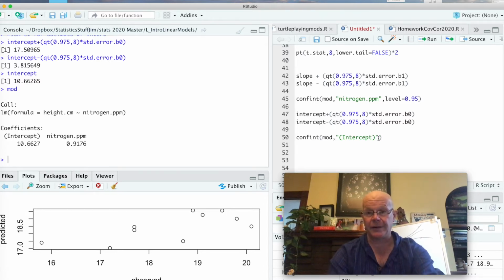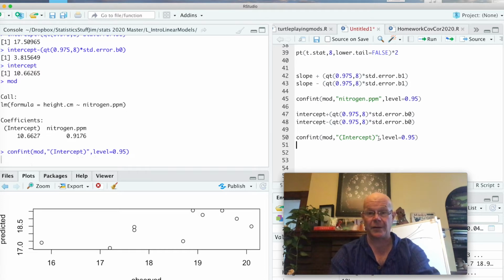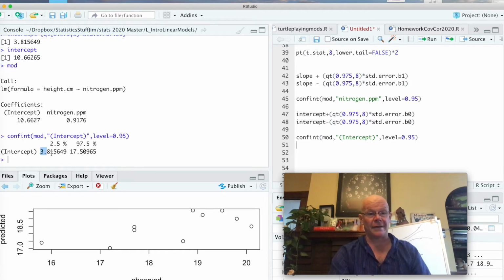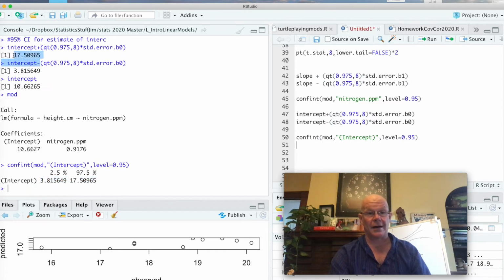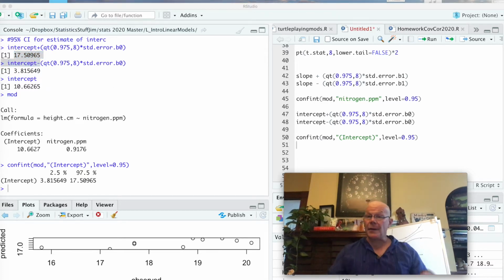And by default, the level is going to be 0.95. But I will go ahead and be explicit with that and say 0.95. There's our 95% confidence intervals, which are the exact same numbers that we got when we did it longhand on the back of an envelope. Okay, so that's how we can think about those confidence intervals.